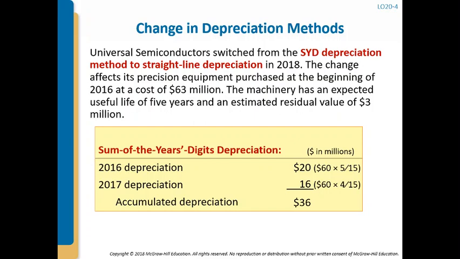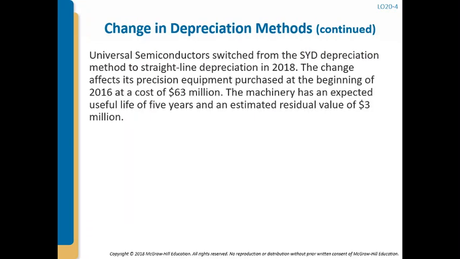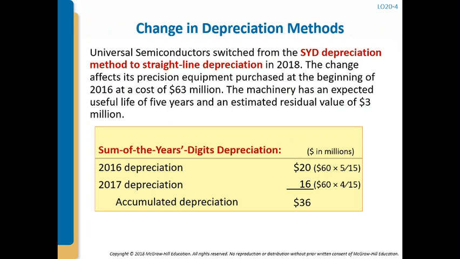Here's another change in estimate, moving from one depreciation method to another. That's a change in estimate effected by a change in accounting method. And so again, we go forward and we make the change.